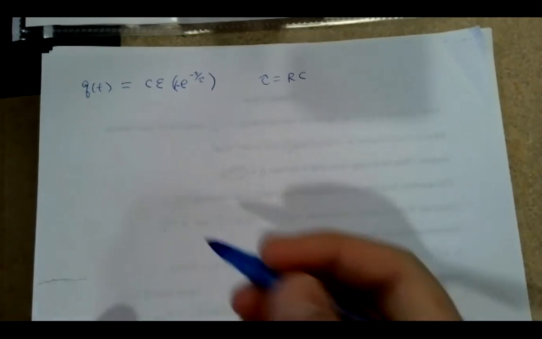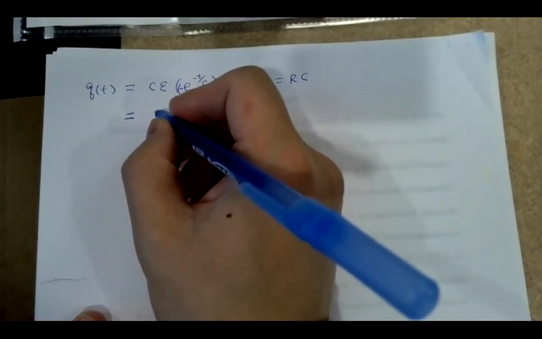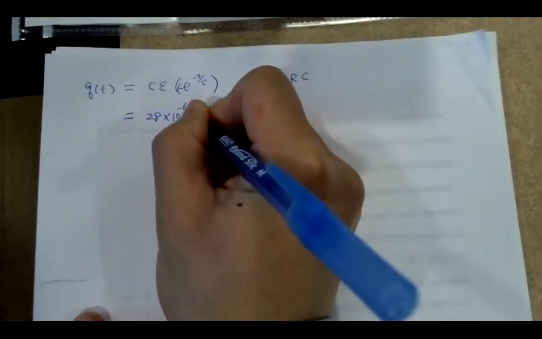All right, so I think you can just plug in the numbers here, but one thing to pay attention to is the units given. They are not all in SI units. C is equal to 28 micro farads, so that means 10 to the minus 6.